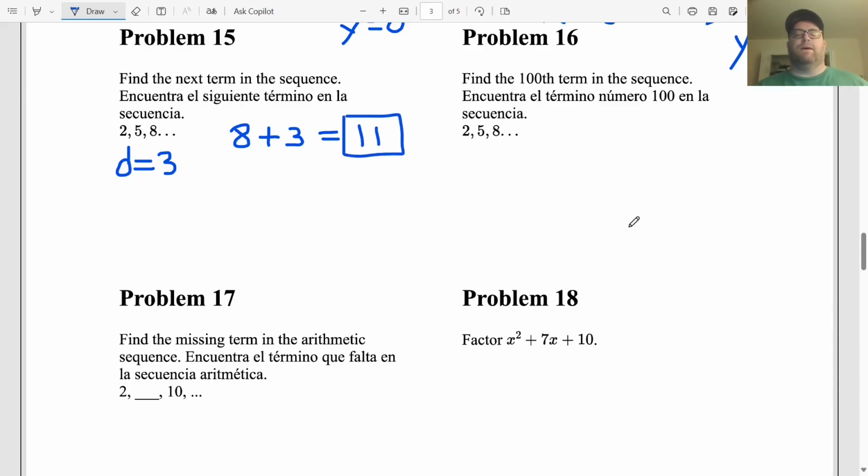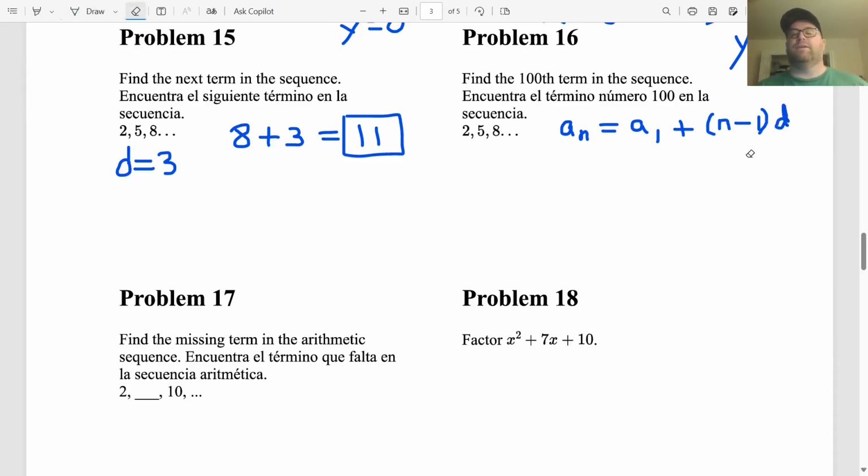Okay? Next one, find the 100th term in the sequence. So we have to have the explicit definition here for this arithmetic sequence. The explicit definition, the general form, is a sub n, the nth term, equals a sub 1 plus n minus 1 times the common difference d. Let me fix that parenthesis there.